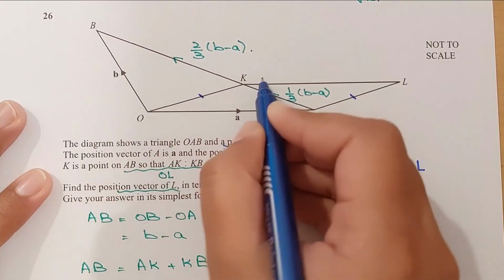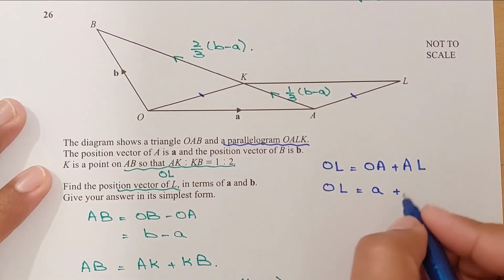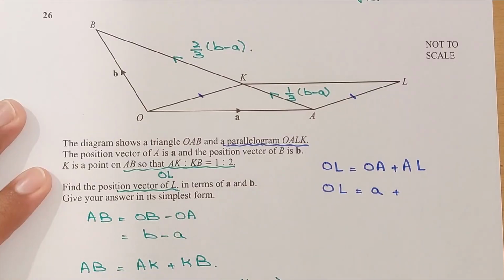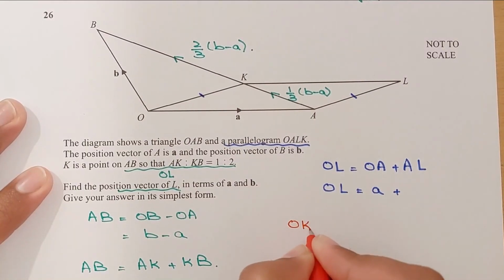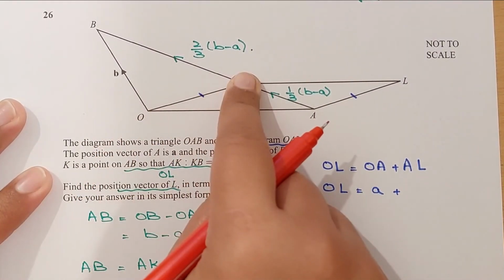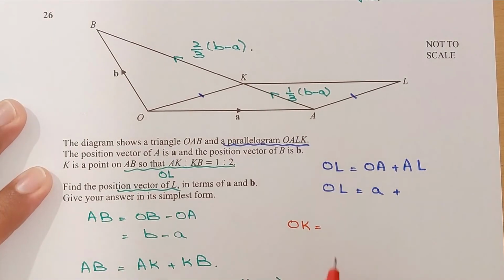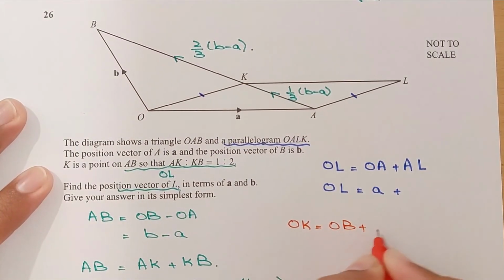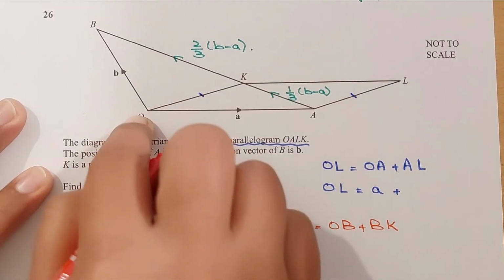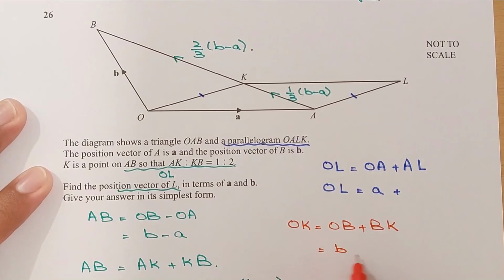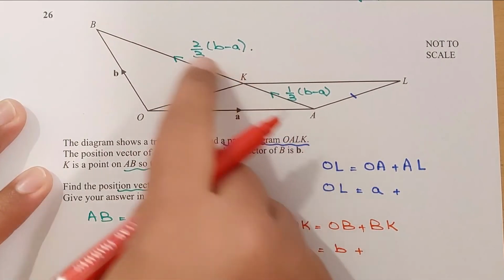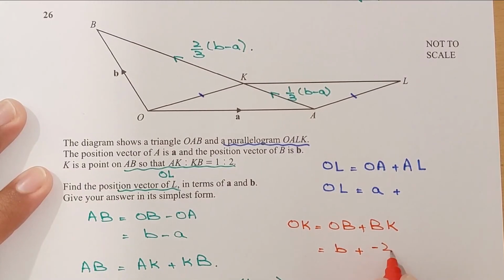So first we need to find OK. OK follows the path of O to B and B to K, so OK equals OB plus BK. O to B is vector b, and B to K is the negative of 2/3 of b minus a.